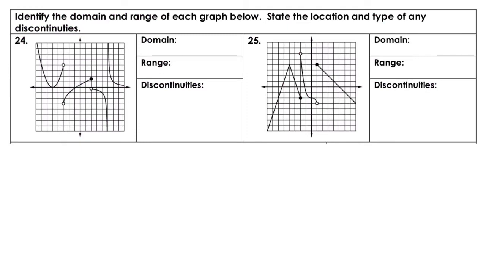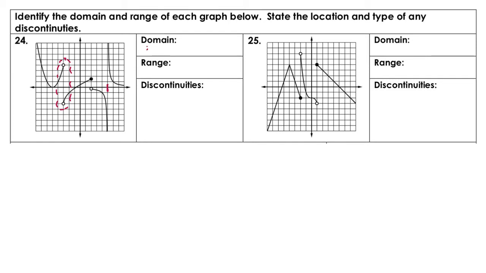Our next problems, they want us to identify the domain, the range, and state the location and type of our discontinuities. So for our domain, we're going from far left to far right, and it looks like we've got a discontinuous domain around in this area here. I'm looking, and it looks like we might have an asymptote here at 5.